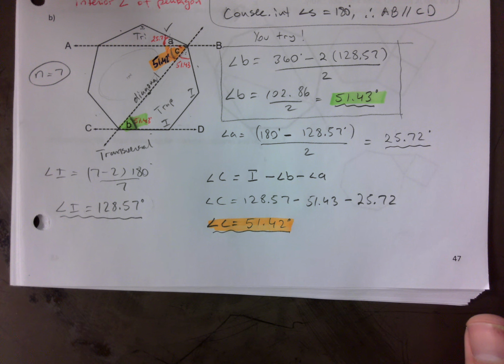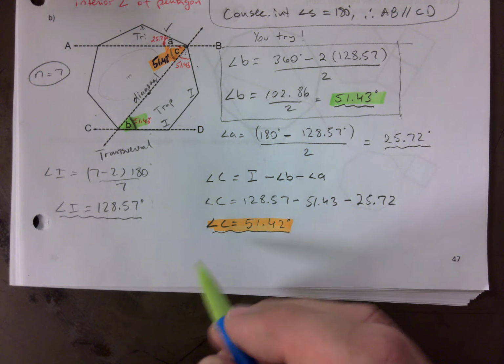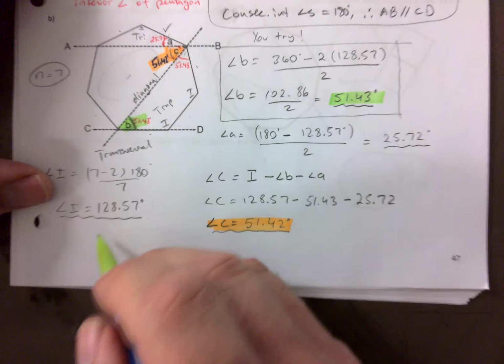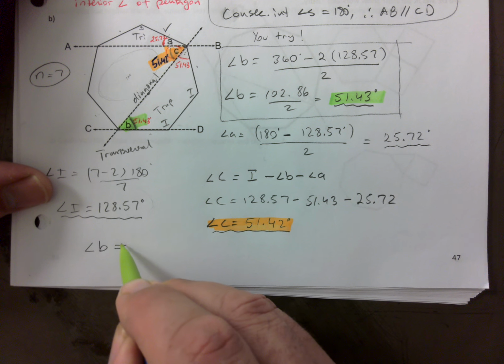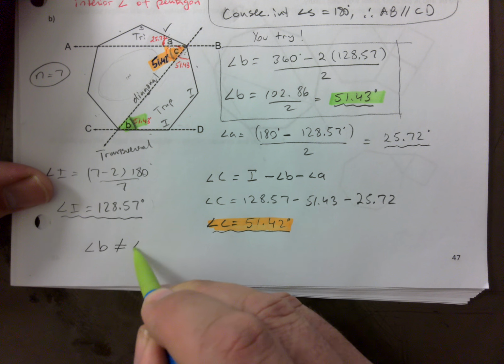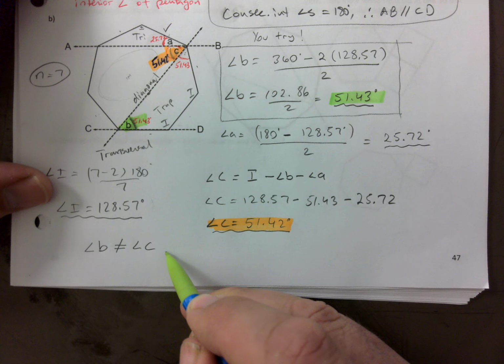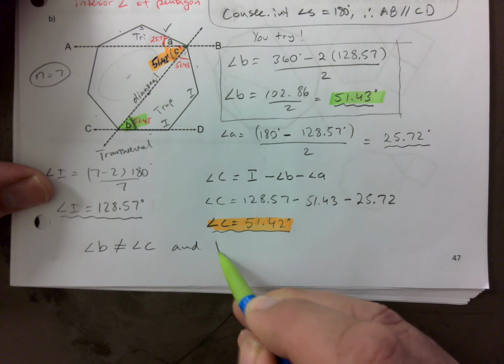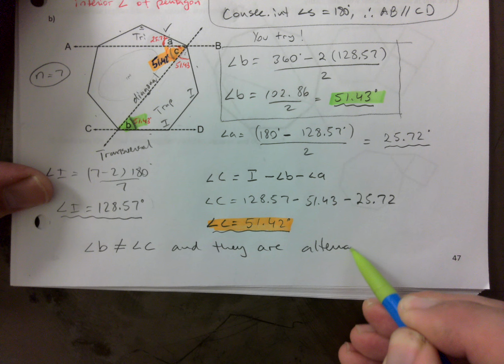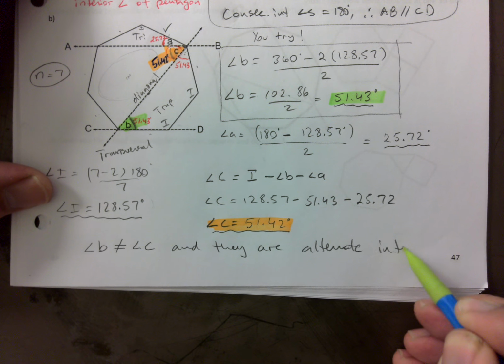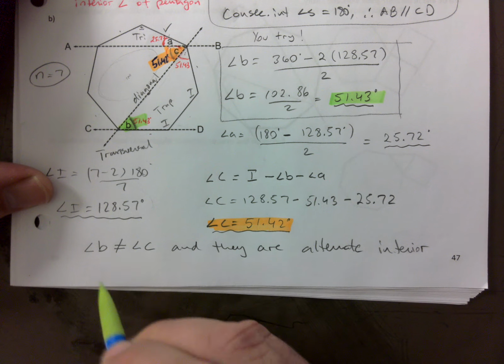So we have an example where things are not parallel, right? Angle B is not equal to angle C, and they are alternate interior angles.